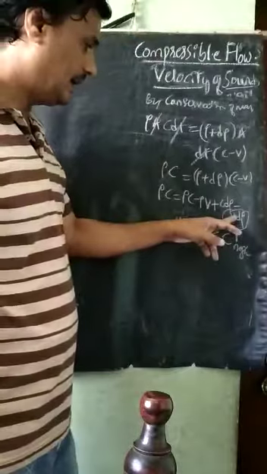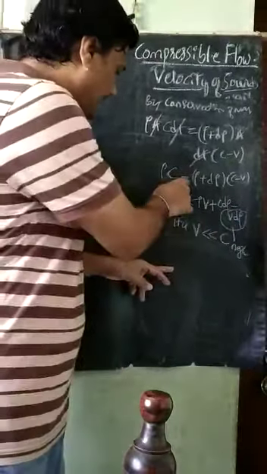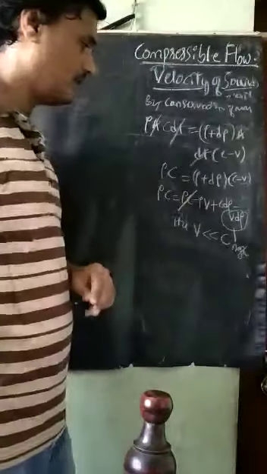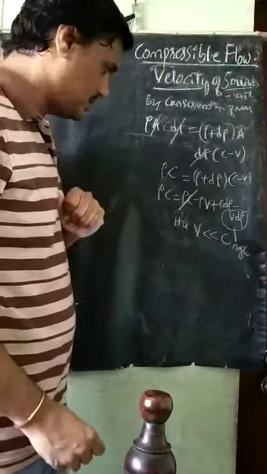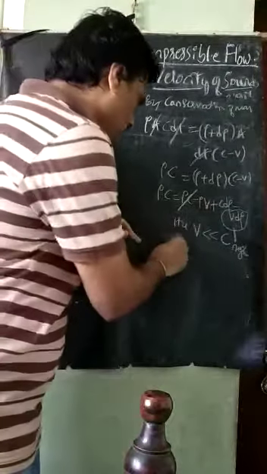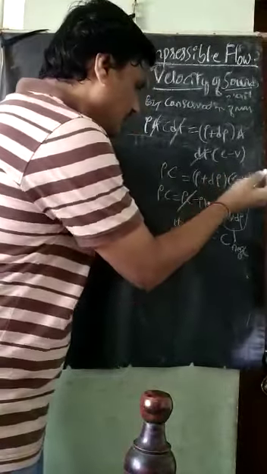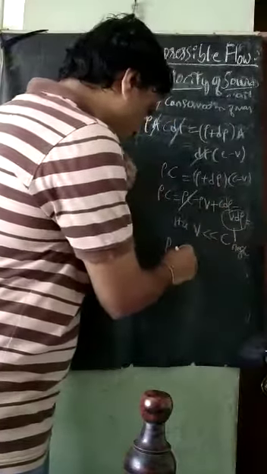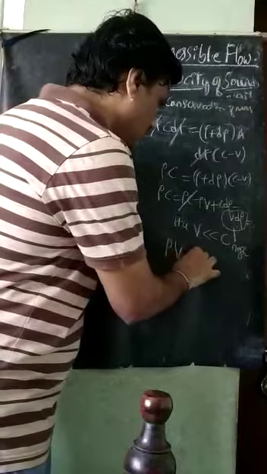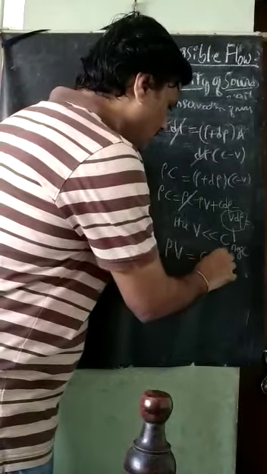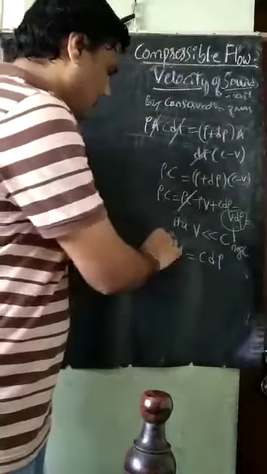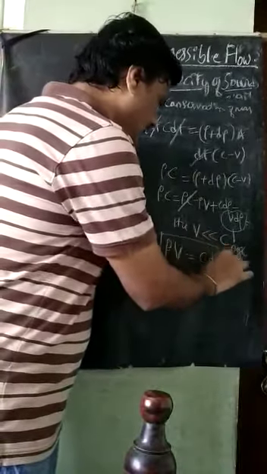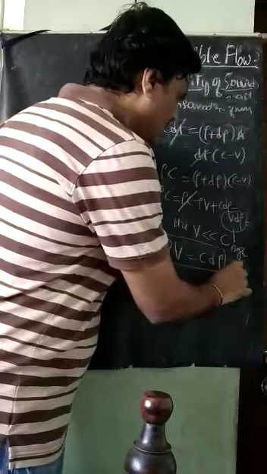After neglecting this term, I will cancel this rho c and simplify the equation. Taking the negative term to the other side, rho v is equal to c into d rho. This is the equation we are getting, call it equation number 3.